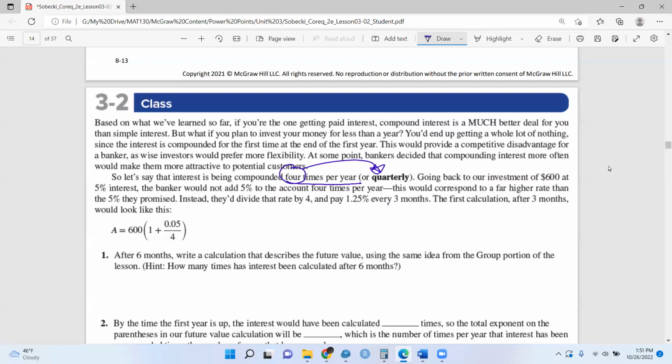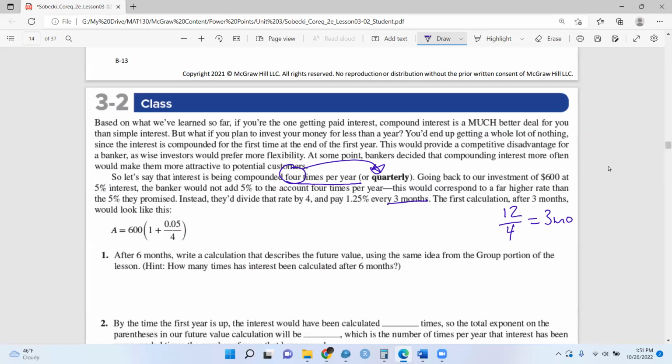So every 3 months, wait, where did the 3 come from? Let's see, 12 months in a year divided by 4 times per year equals the 3 months. That's where that came from. So every 3 months, they give you a fourth of the 5%. In other words, they're giving you 1.25% every 3 months.